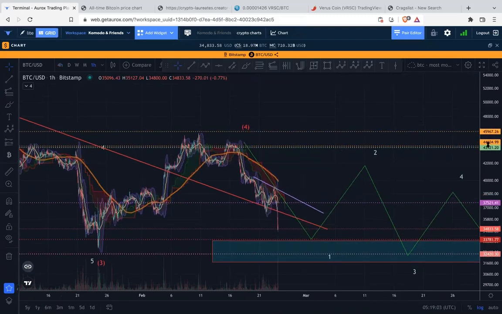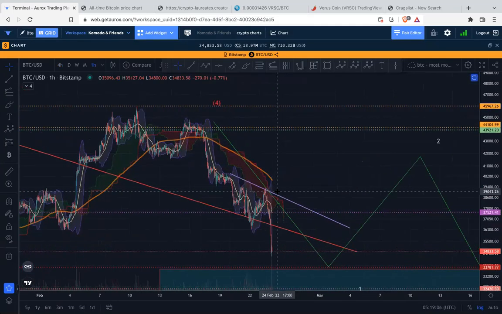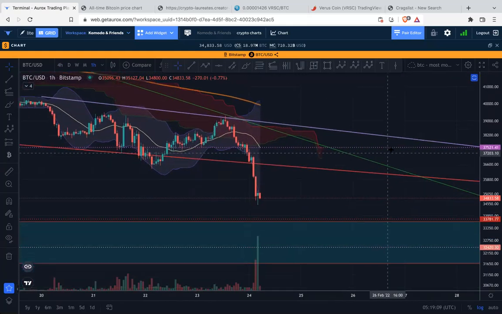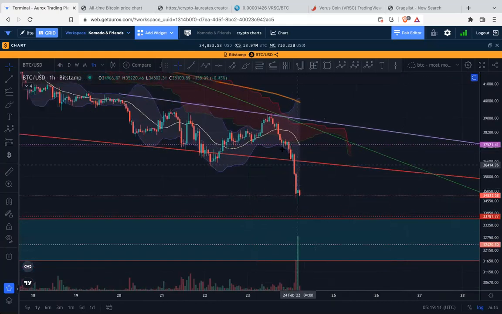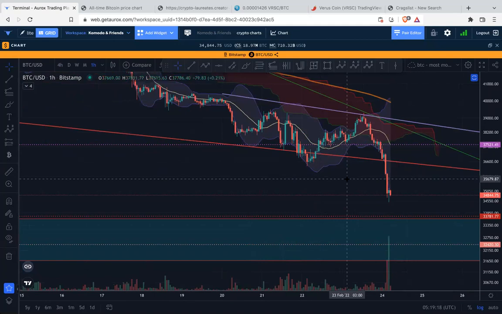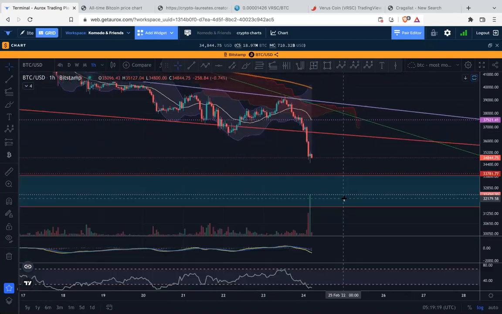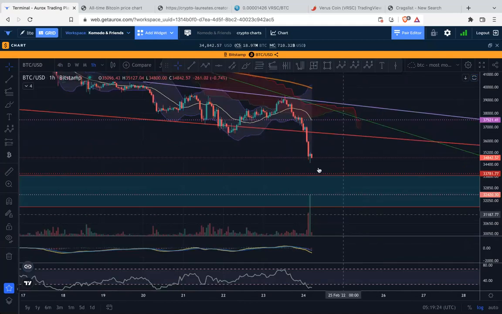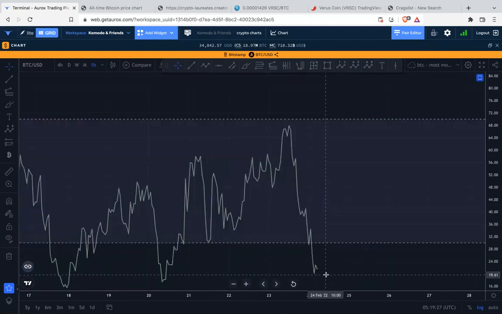Yeah, it could continue, it could finish. It's really stretching that Bollinger Band, and we'll see what ends up happening. What I wanted to look at was any sense of divergence. So we're going to take a look here.